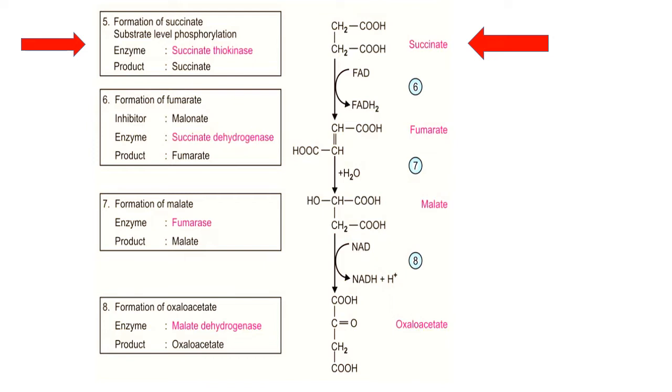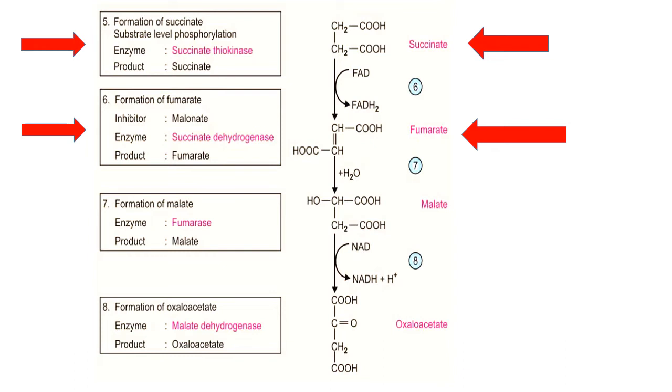That results in the production of succinate. Then in the next step this succinate is converted into fumaric acid or fumarate, and this step requires the enzyme succinate dehydrogenase. This step is a dehydrogenation step that results in the production of FADH2.